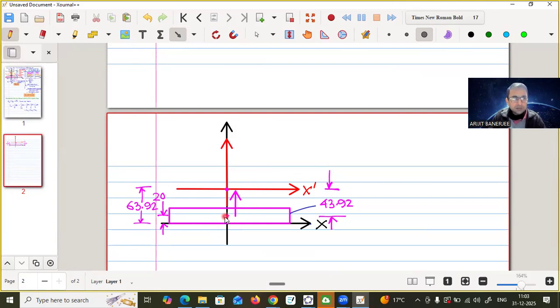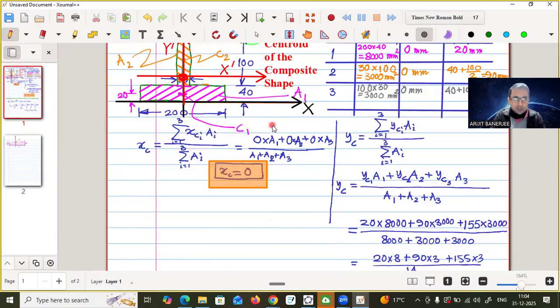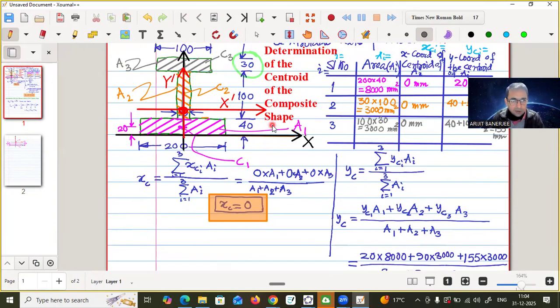This is C1, and this point is C. C means the centroid of the complete object. Okay, am I clear?